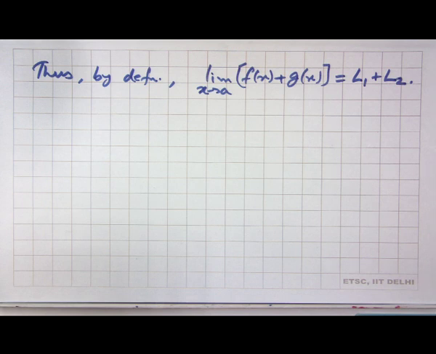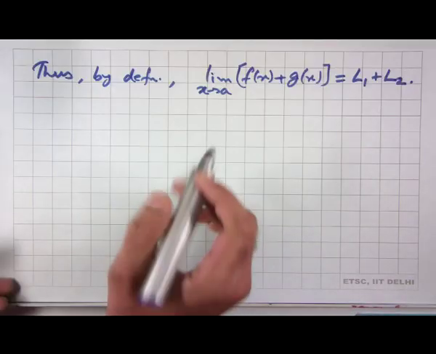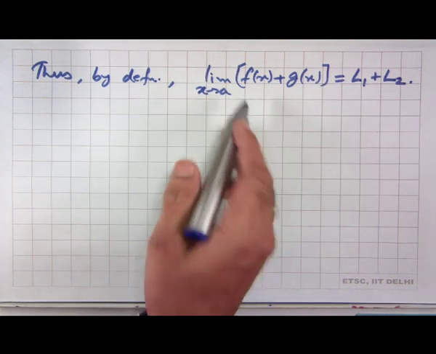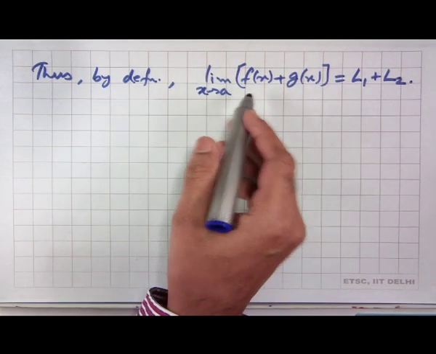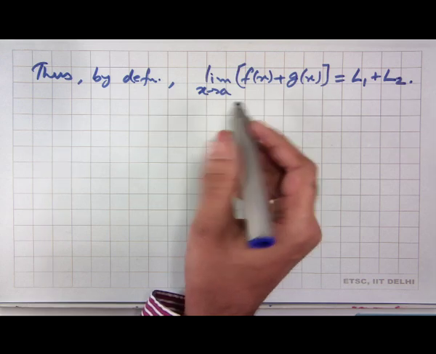Okay, so this rule will be very useful because if you know the individual limits, then you can find the limit of the sum of functions. Right.